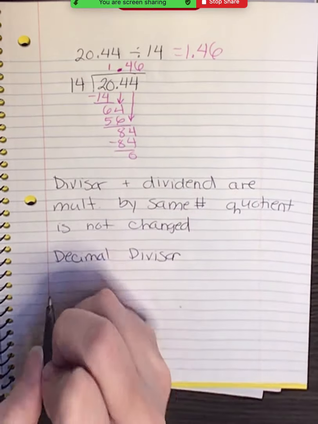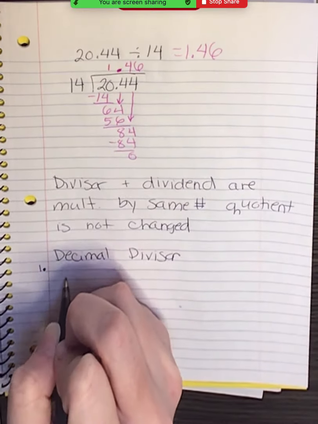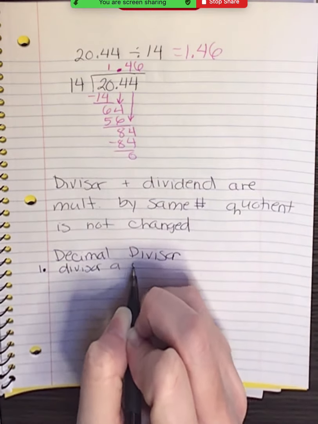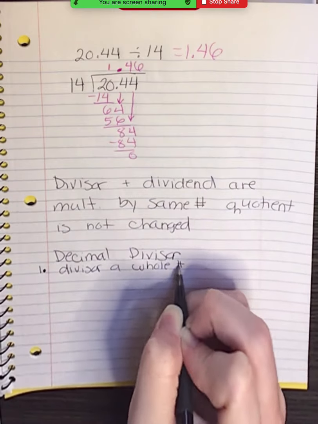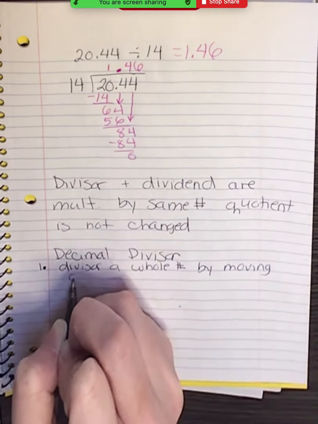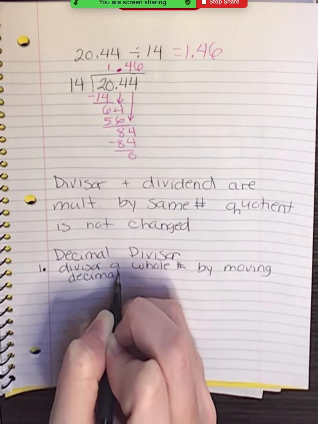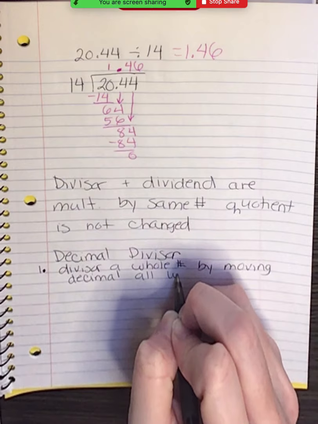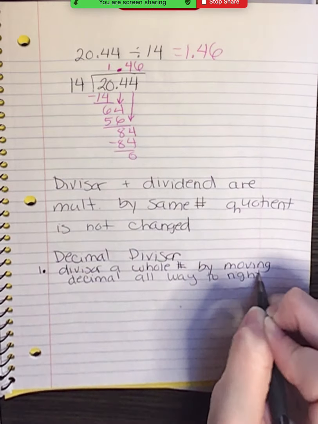Okay? Couple of steps. You're going to make the divisor a whole number by moving the decimal. Okay.